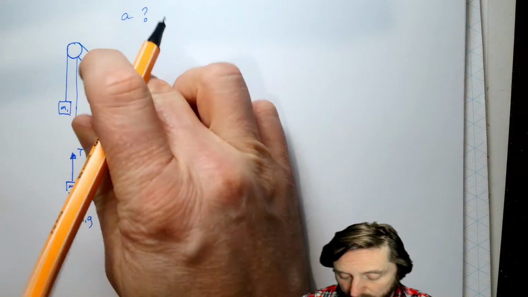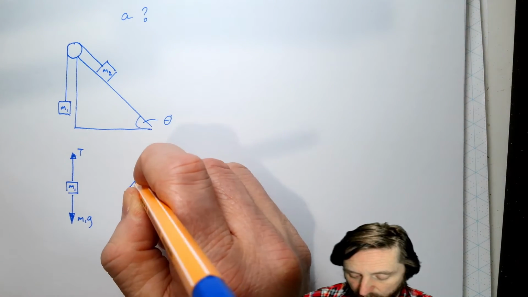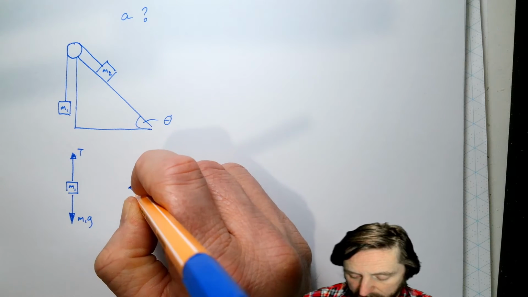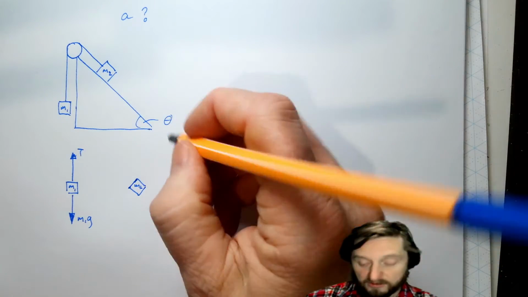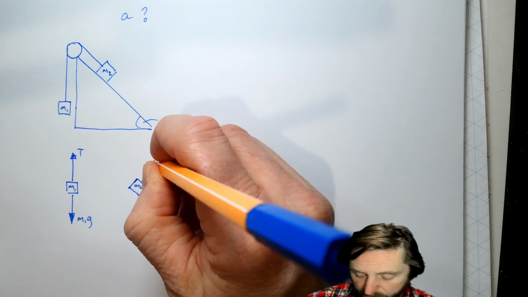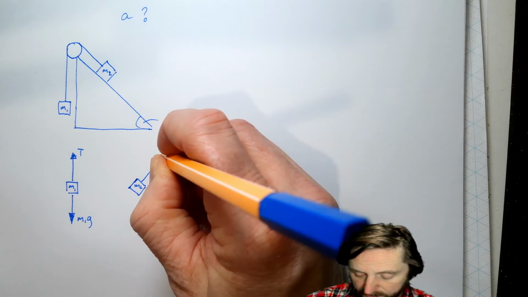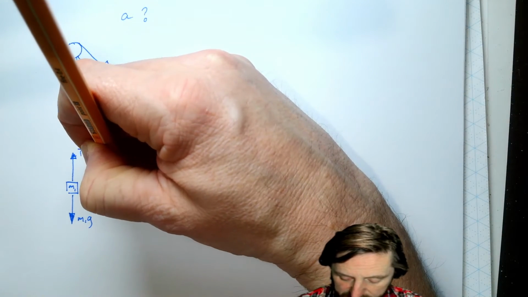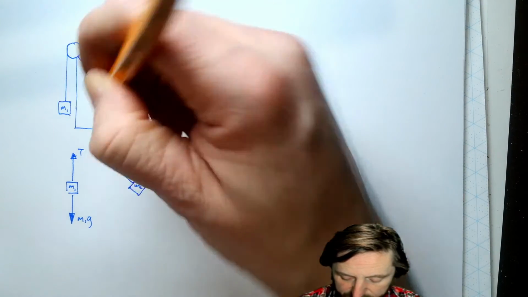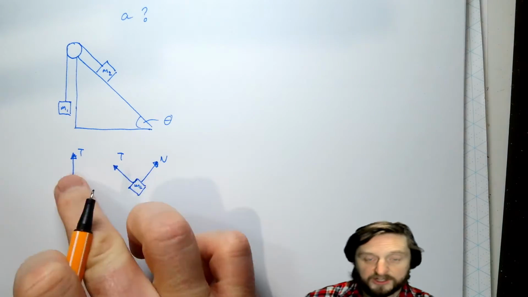And then we would draw the free body diagram for our little block here. So here's our block. Now this one's resting on a ramp, so it's going to have a normal force which points at 90 degrees to the ramp. It's going to have the tension in the string, and we're going to assume that's completely parallel to the ramp, so let's put that there. Same tension as before.